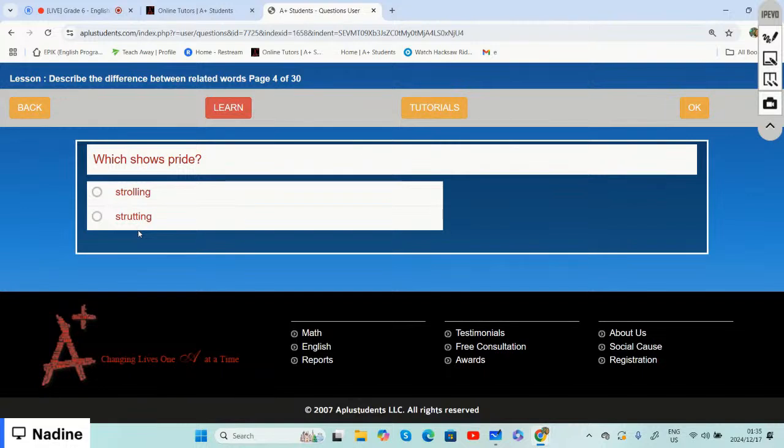Option one or option two? So is strolling shows more pride or strutting shows more pride? Which one is correct?